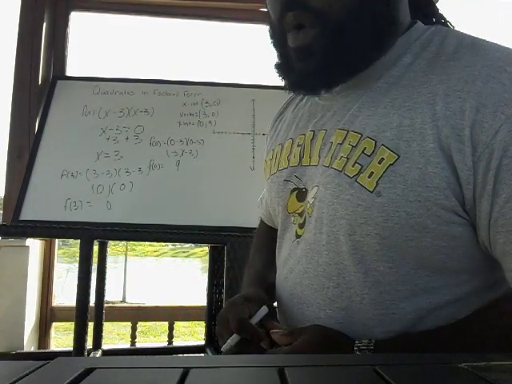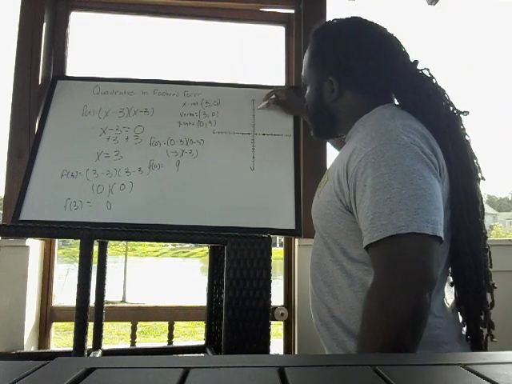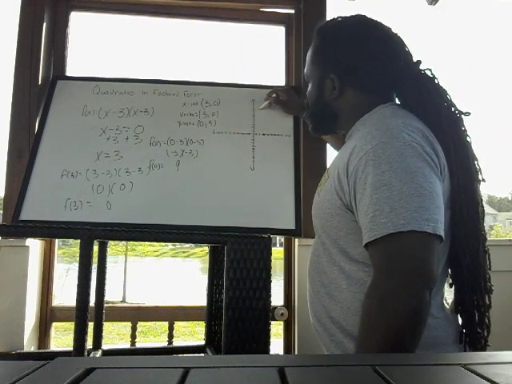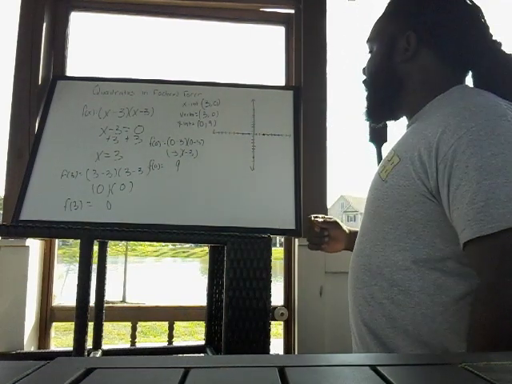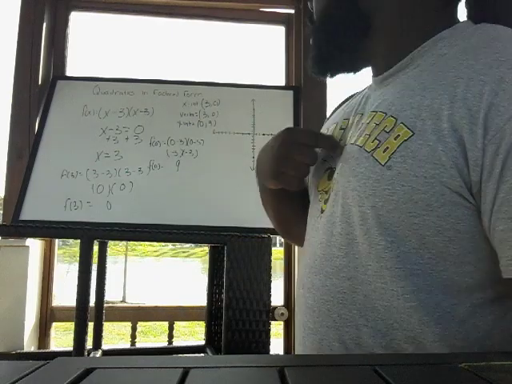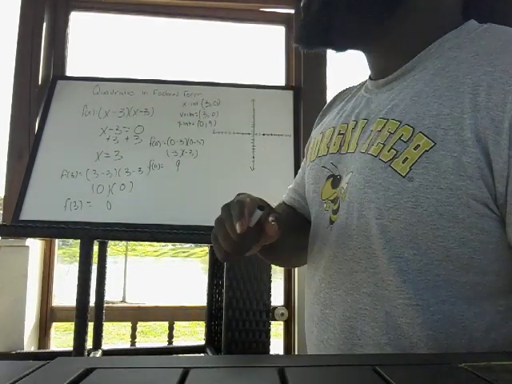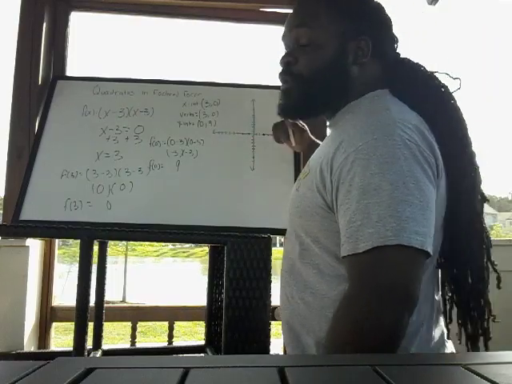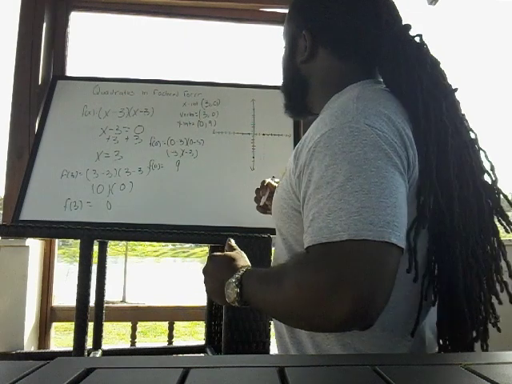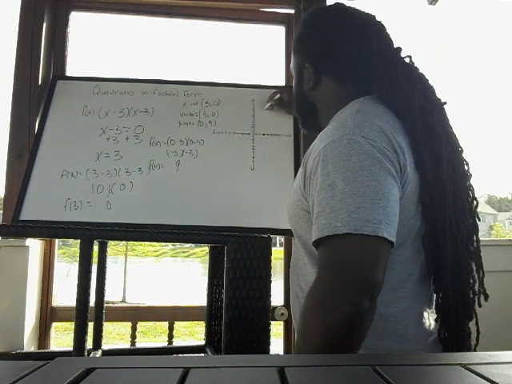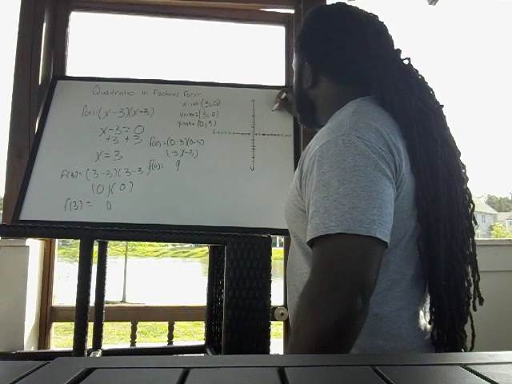Now that I have my y-intercept, I know my y-intercept is 1, 2, 3 units away from my axis of symmetry. So now that I know that my y-intercept is 3 units away from my axis of symmetry, that means I should have another point that is 3 units away from my axis of symmetry on the other side. So we come over here, we'll count 1 unit, 2 units, 3 units.